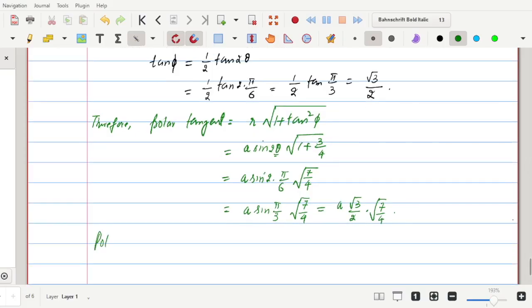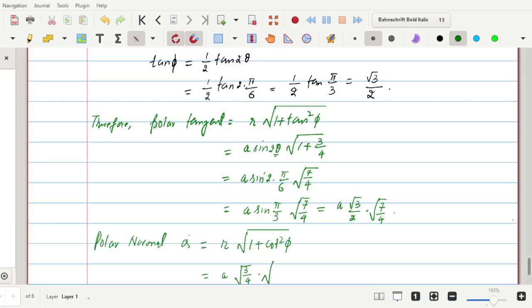And similarly, the polar normal, we know, is equal to r times the square root of 1 plus cot square phi. Now r we know is equal to a sine pi by 3, so this will become a square root of 3 divided by 4, or we can write it as square root of 3 by 2. Now as tan phi is equal to root 3 by 2, cot phi will be equal to 2 by root 3.